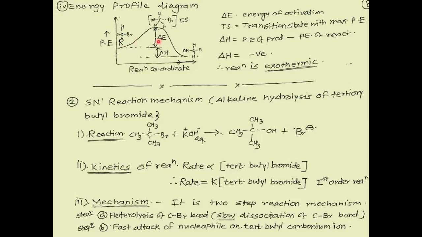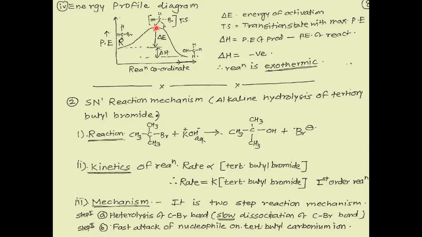It is called delta E, and delta E is nothing but the energy of activation. Energy of activation can also be defined as the amount of energy required for the reactant to reach the transition state.